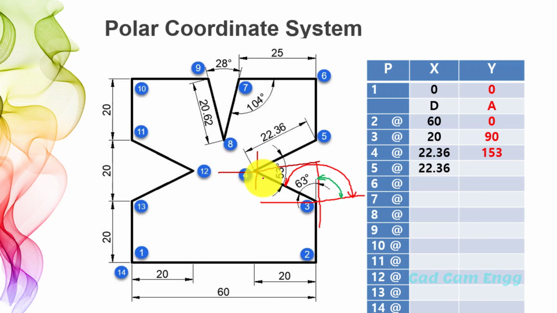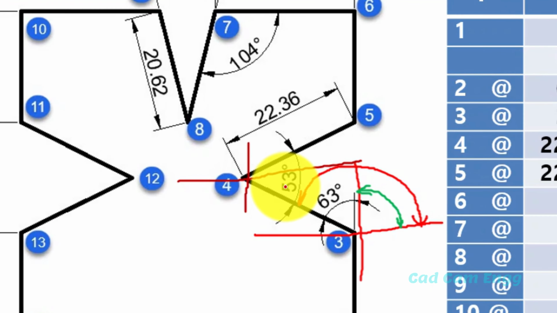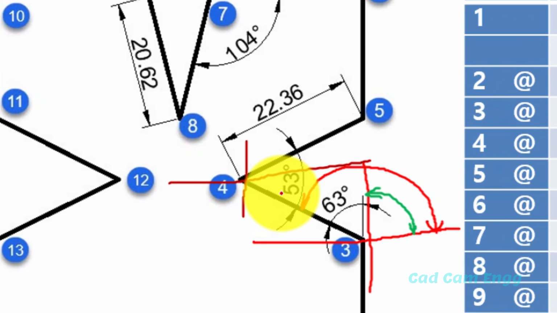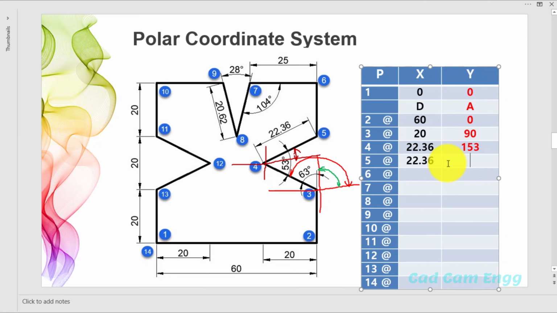It's very simple, directly divide this 53, then we get this angle. We want only this angle. So total is 53, and 53 divided by 2 we get this angle. The angle is 26.5. 26.5 plus 26.5 we get 53. Next, now we reach point number 5.